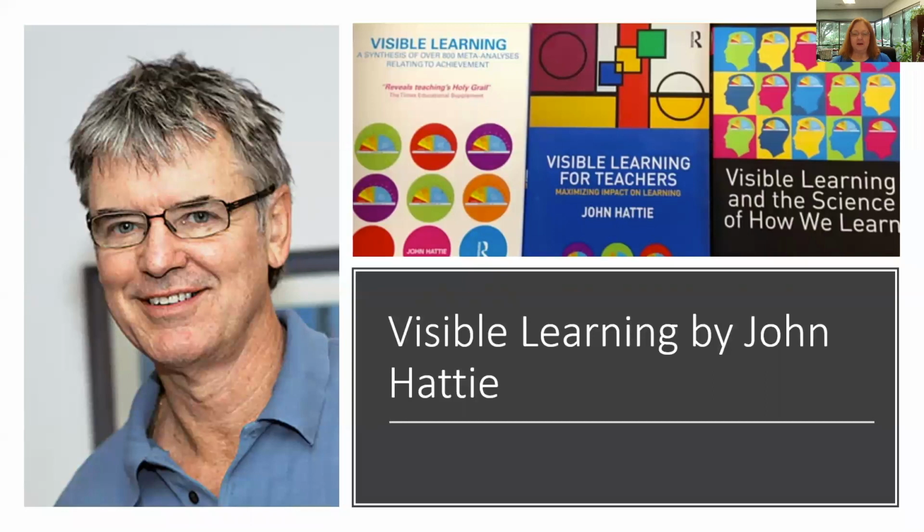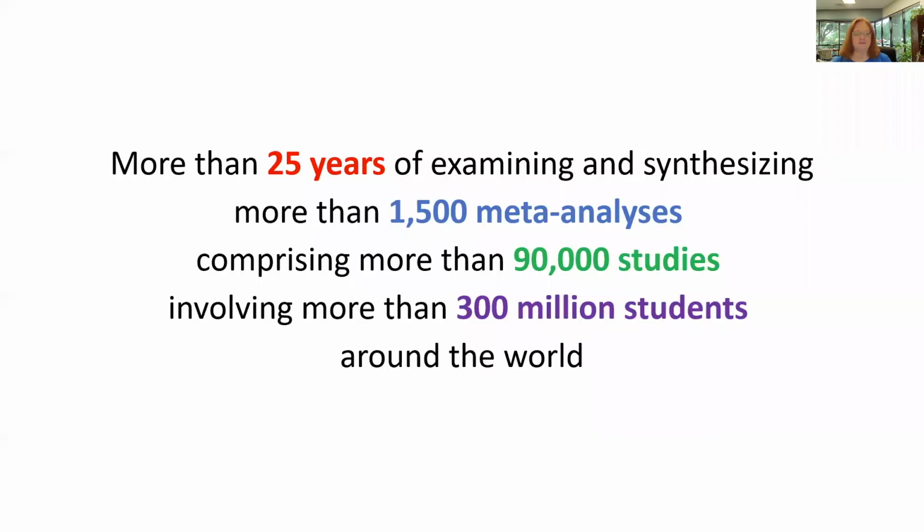John Hattie is a researcher, and he has written a number of books over the years, starting with Visible Learning, where he talks about everything that we do in education. What Hattie did for the past 25 years, he has looked at more than 1,500 meta-analyses with more than 90,000 educational studies that involved more than 300 million students from around the world.